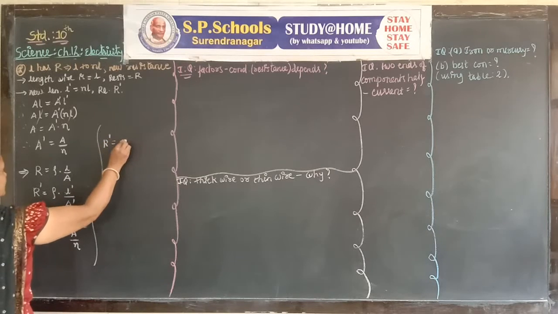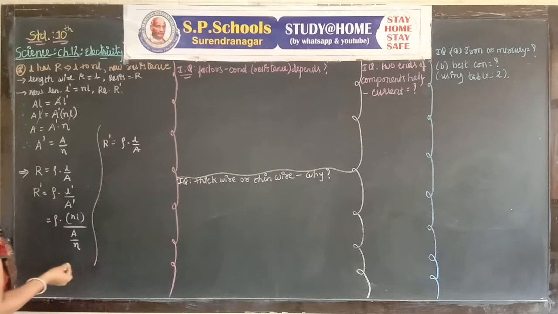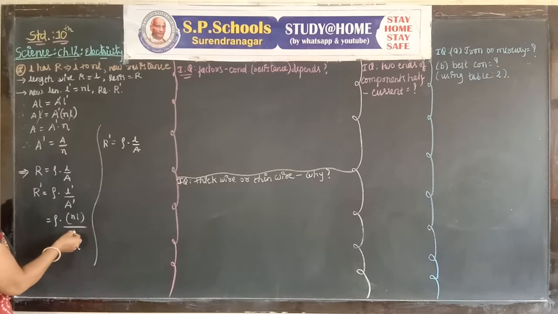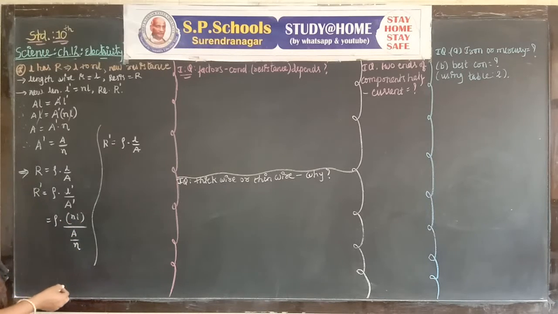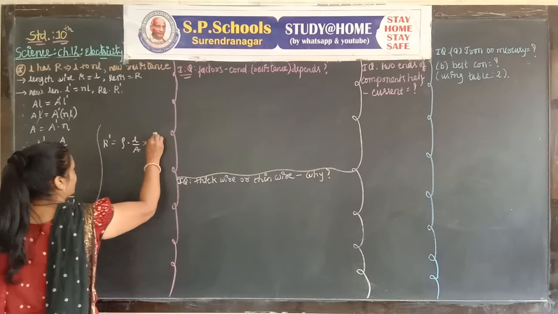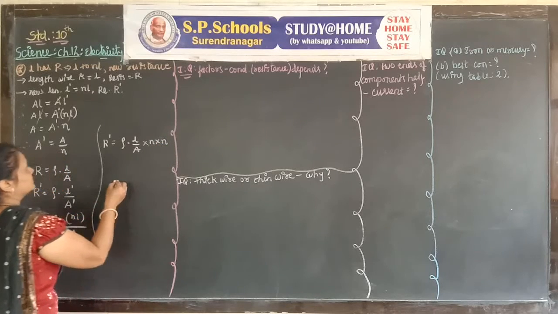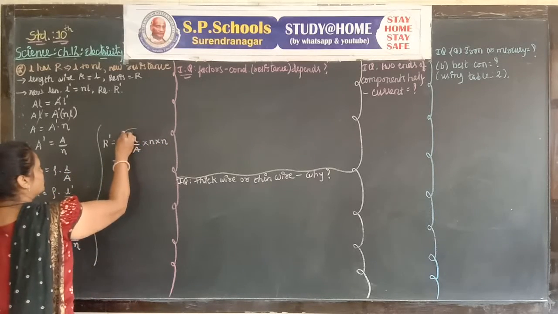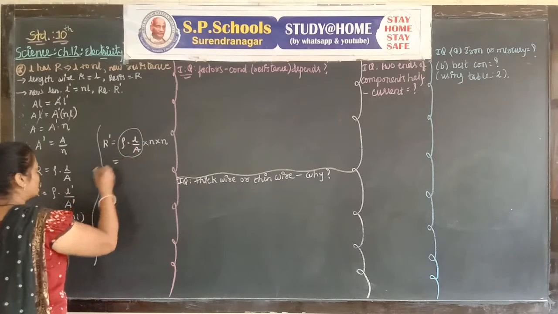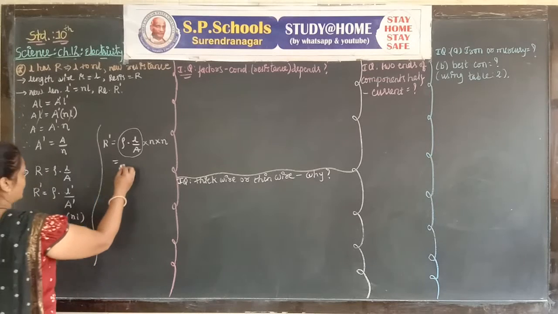R dash is equal to rho into L upon A. So N in the upper and N in the lower, and then we make the square of N into N. But we know rho into L upon A is equal to R, which we already found in the previous formulas.